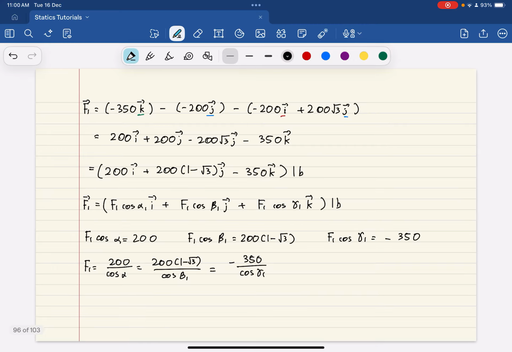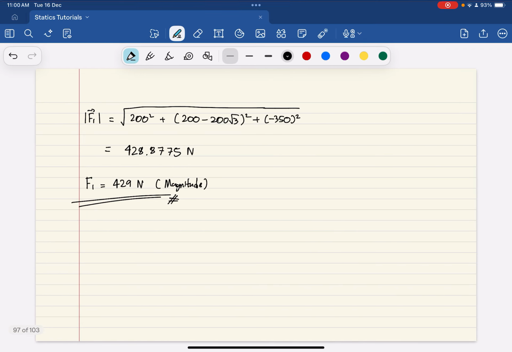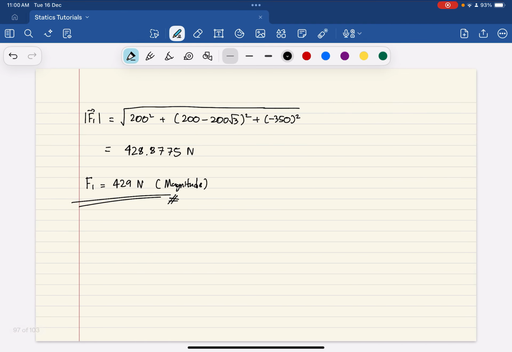Now they wanted the coordinate direction angles. So for F1, they wanted the coordinate direction angles. So yeah, without further ado, we know that 200 over cosine alpha is equal to 428.8775.